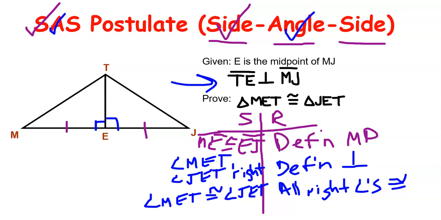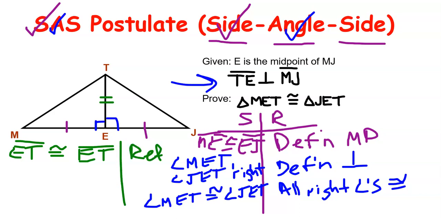Well, the other side in both triangles is side ET, which is congruent to itself because of the reflexive property, which we reminded ourselves of in the last proof using SSS.